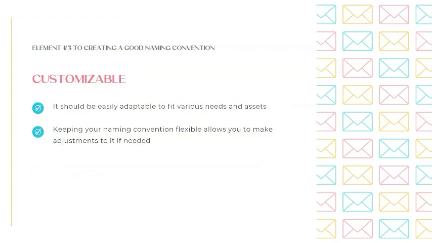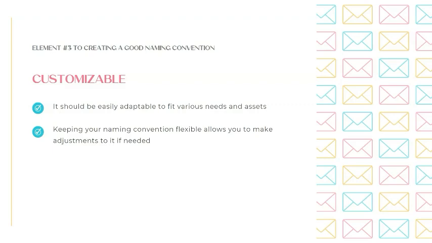And then the third one is customizable. It should be easily adaptable to fit your various business needs and all of the different assets that you have going on. And actually, this is true not just for your email marketing platform, but for almost anything in your business. You could really use naming conventions for a lot of it. But for this training, we are just going to focus on your email marketing platform.